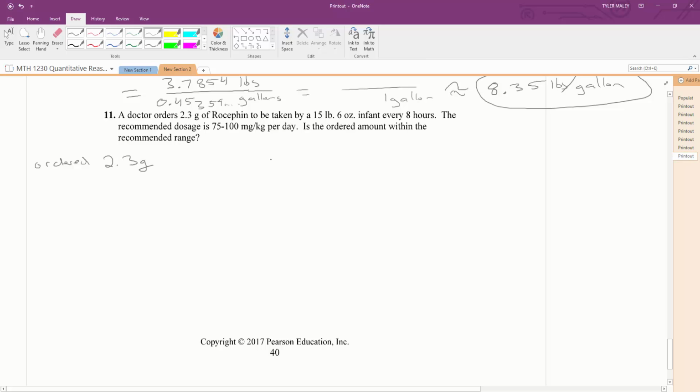The patient taking it is 15 pounds 6 ounces, so that is the weight of the patient. And this is taken every 8 hours.